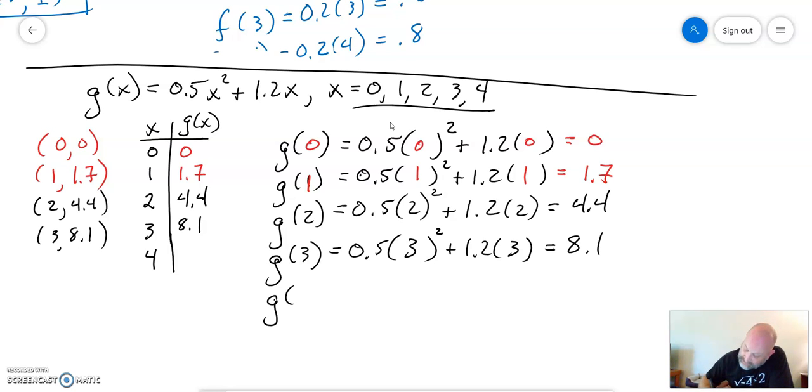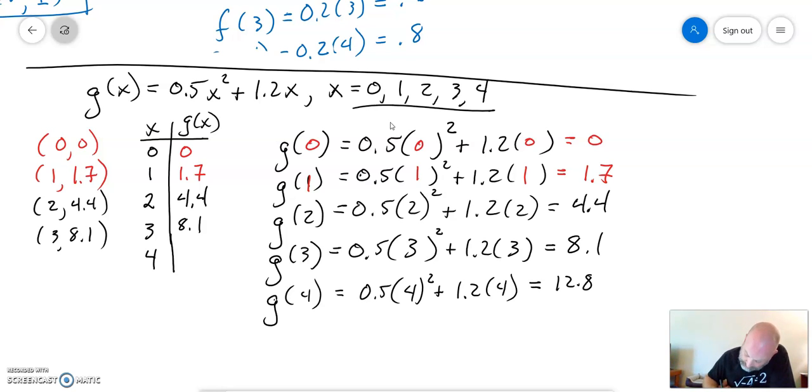The last thing I need to compute is when x is 4. So it's 0.5 times 4 squared plus 1.2 times 4, and if I work that out, I end up with 12.8.